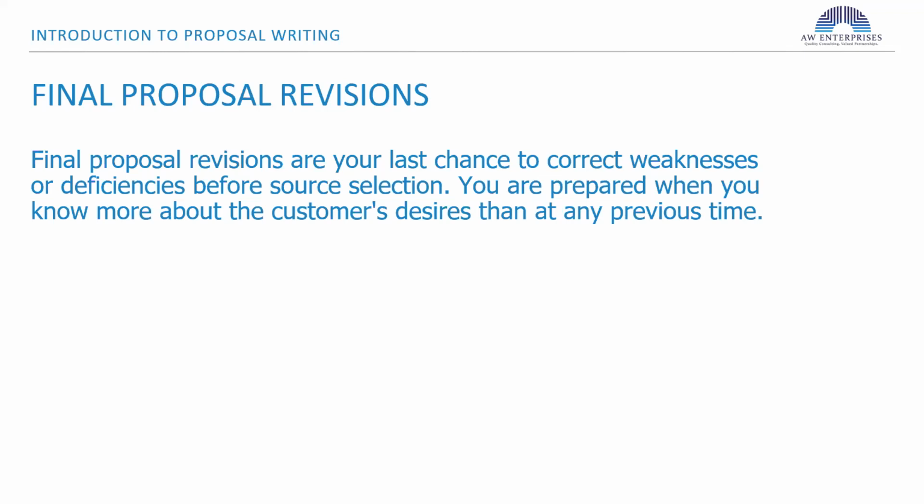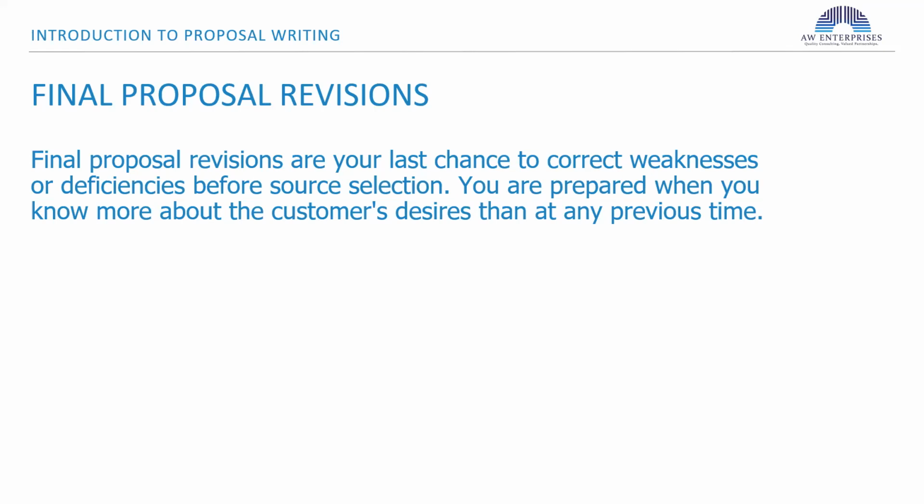Where if you have a good proposal, let's say your price is excellent and your proposal has a minimum amount of deficiencies, they'll come back and ask you to take another look at your bid, okay? And so they call this final proposal revisions. Final proposal revisions are your last chance to correct weaknesses and deficiencies before source selection.